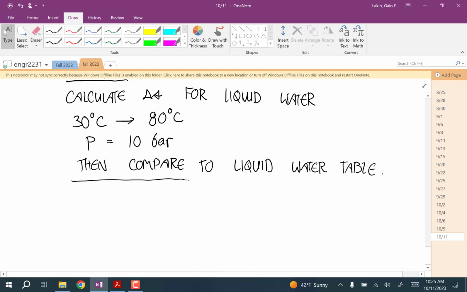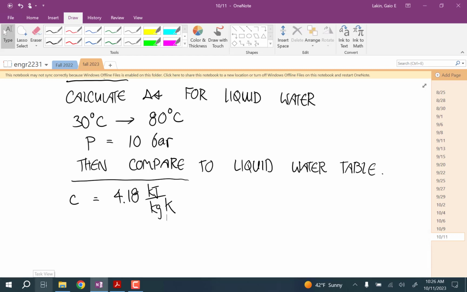Okay, so we're going to use a C value of 4.18, and that is in kilojoules per kilogram Kelvin. Okay, where do I get that value from? Let's go over that.